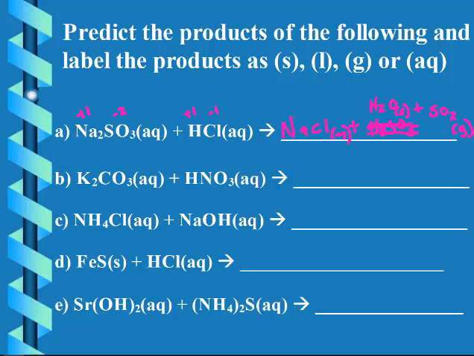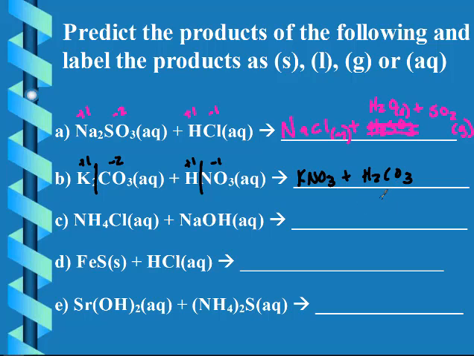Let's look at one more together. So on this second example, we have our +1, -2, +1, and a -1. So my K goes with NO3, and then I get H2CO3. If you recognize that you're making one of those three compounds, you don't have to write it and scratch it out.